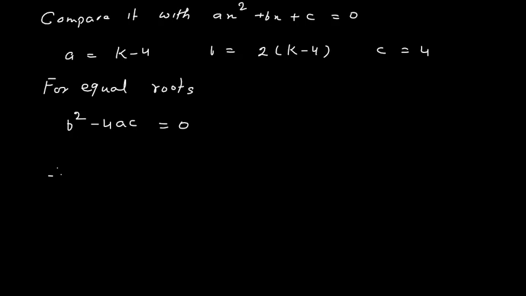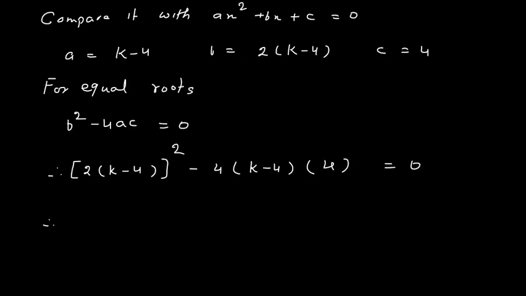Therefore for b we have 2 times (k minus 4), so this is b square, minus 4 times the value of a, which is k minus 4, into c, which is 4. So b square minus 4ac is equal to 0.